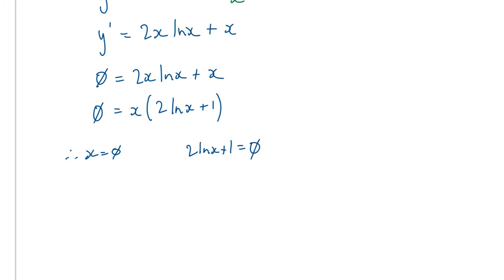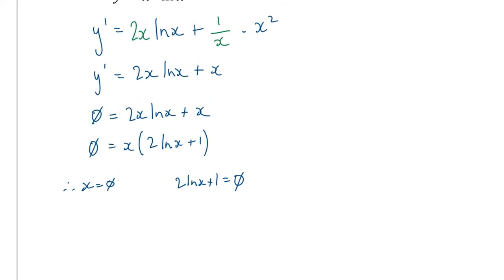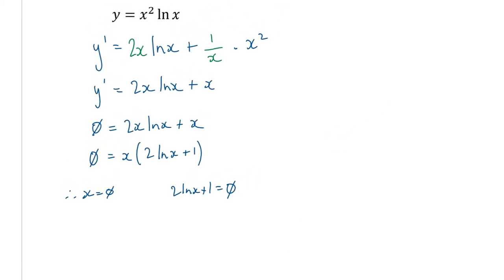Now let's think about this for a moment. What does this solution mean? It means when x equals 0, my function would have a horizontal tangent line.